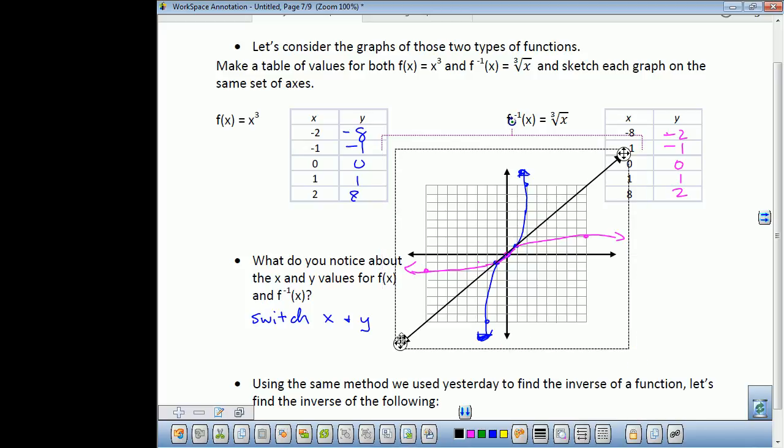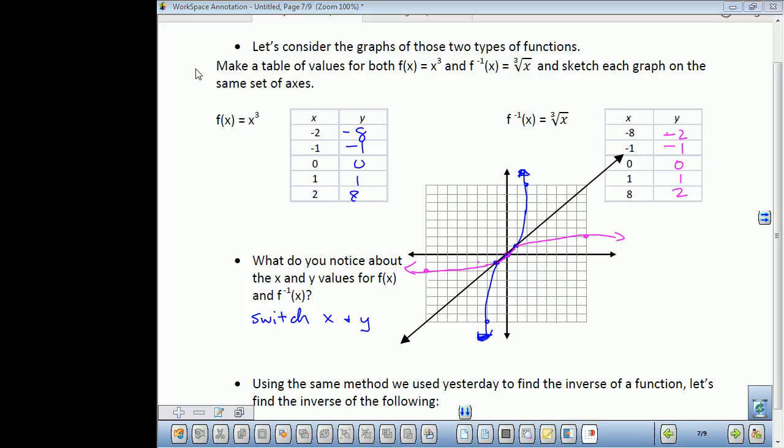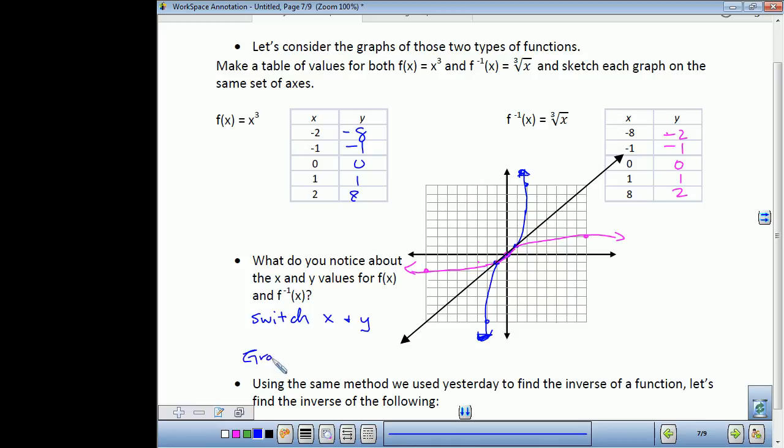That's a little off down at the bottom. There we go. So we talked about this before the break. Graphs of inverses are reflections over the line y equals x.